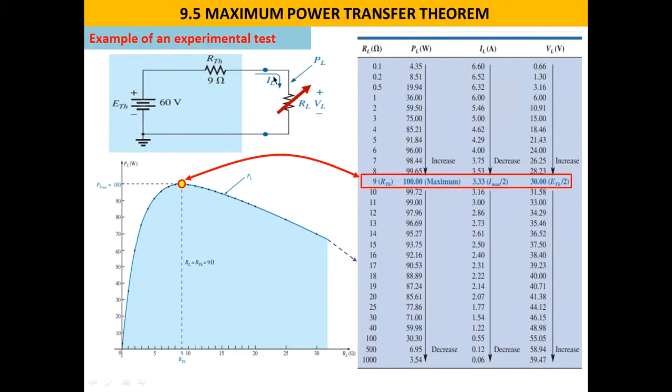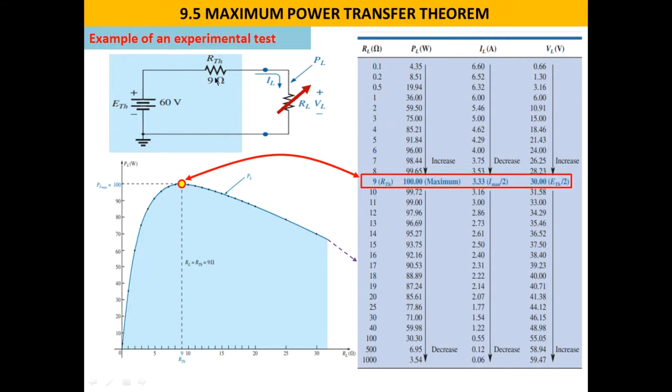Okay, we have measured the current IL. We have measured the voltage across RL. So for RL equals 0.1, we have measured 6.6 amps and 0.66 volts, and the power dissipated or absorbed is 4.35. So we increased the load until we reached this point at 9 ohms.